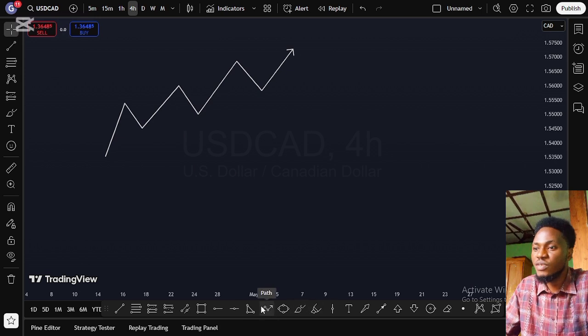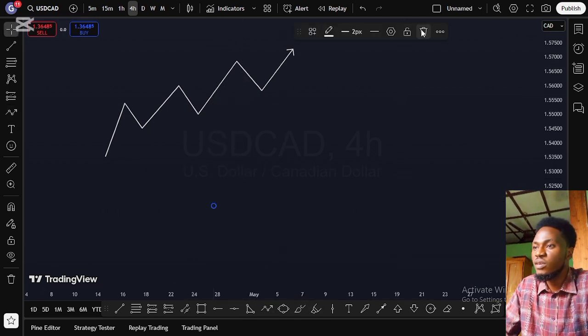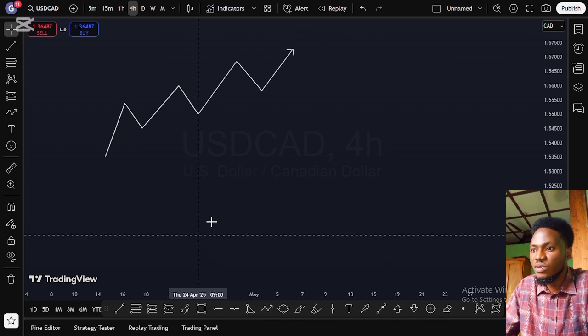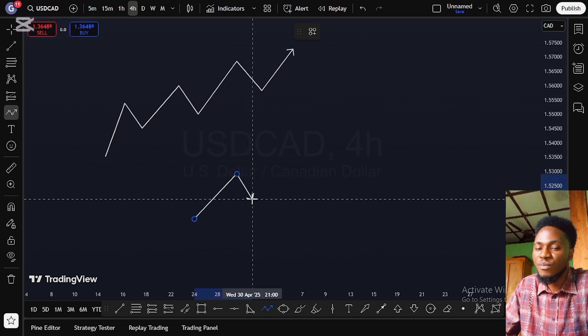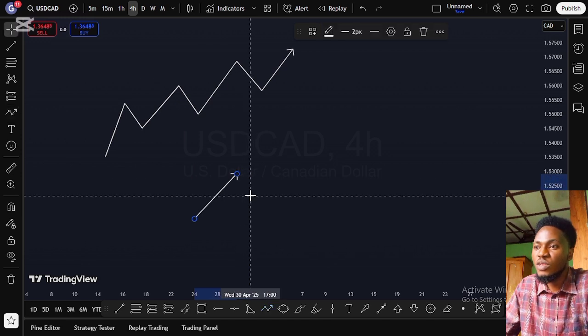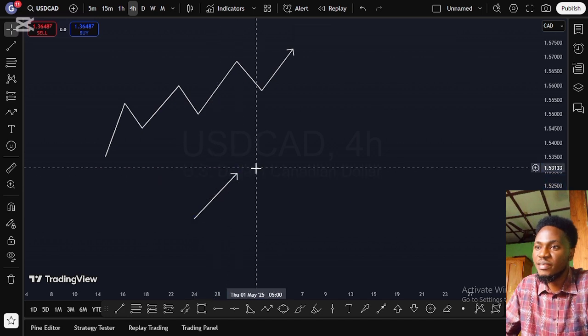Let's say for example the market just made this first impulsive move. Okay, so next thing you want to expect is a pullback. You understand? So now what we don't know is where would that pullback end?